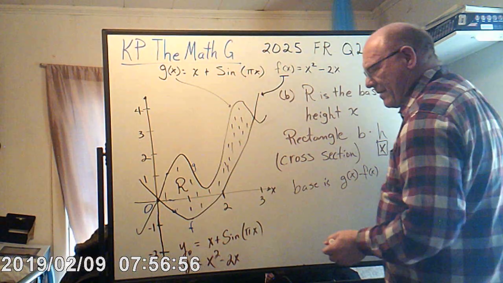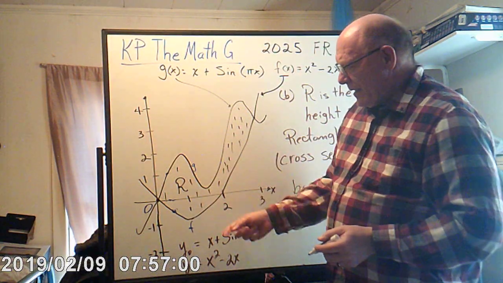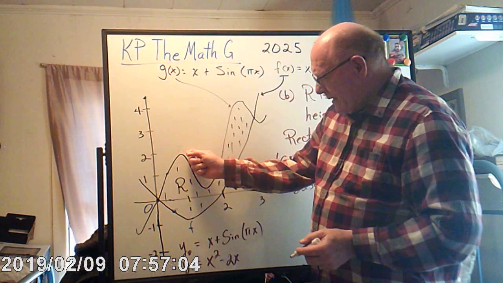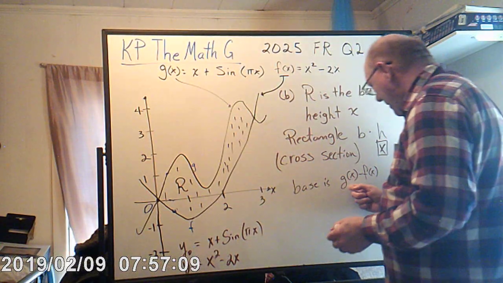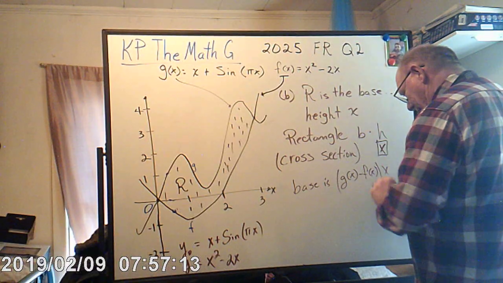Always remember that. If you have more than one function like this, just like we found the area, so g minus f, just a while ago. So it's g minus f, and then that times x.